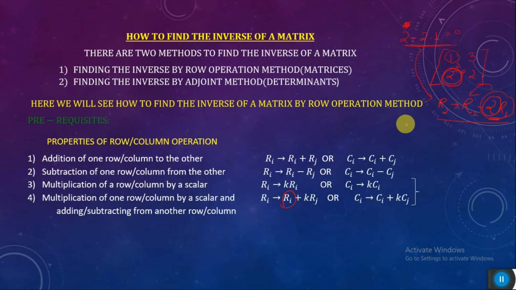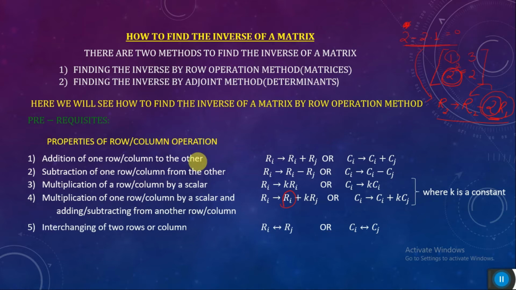Next property, where k is a constant. This k can be any constant. I am writing 2, it can be 3, 4, 5, whatever it is. Next one is interchanging rows and columns. Suppose you have A as 1, 0, 2, 3.